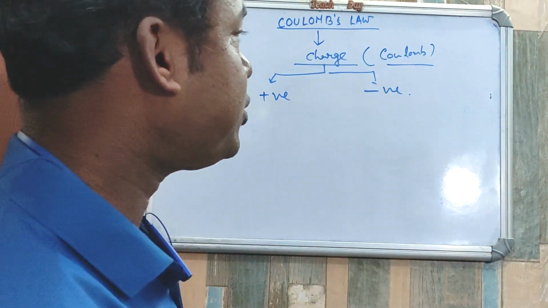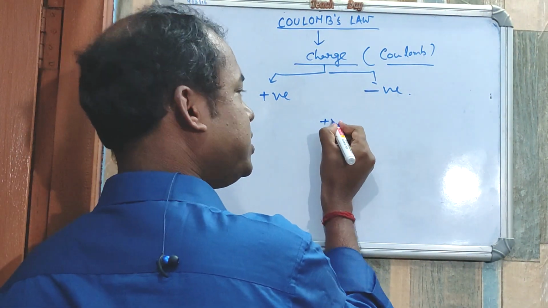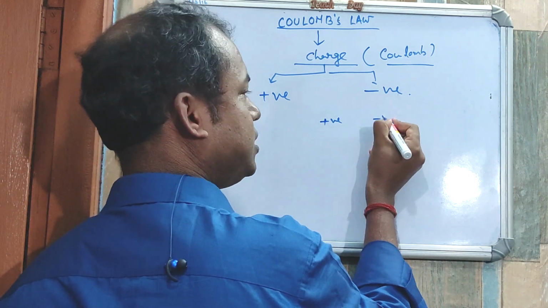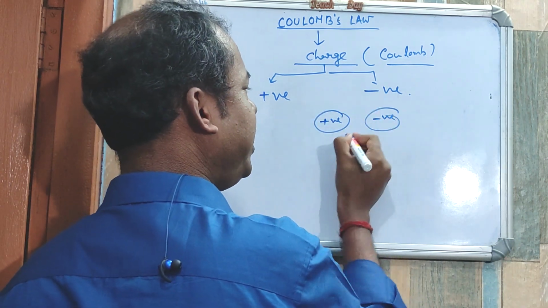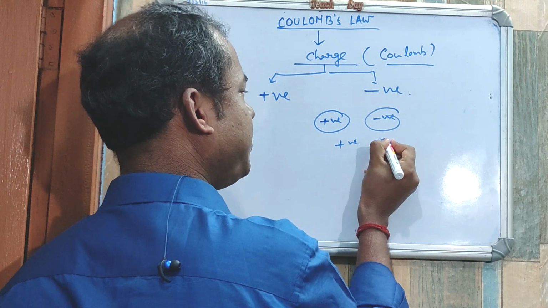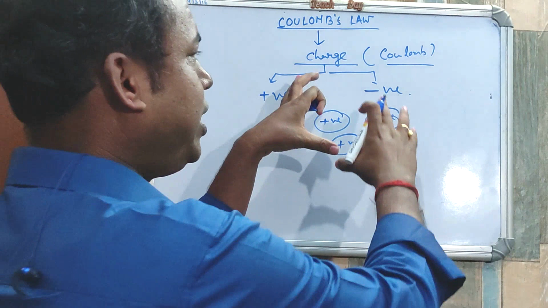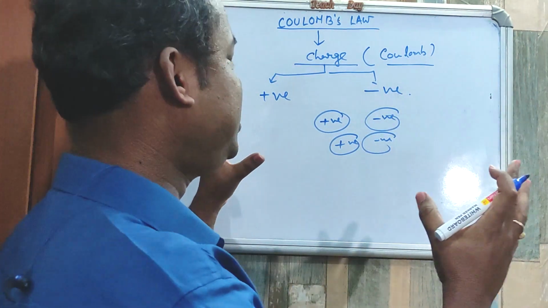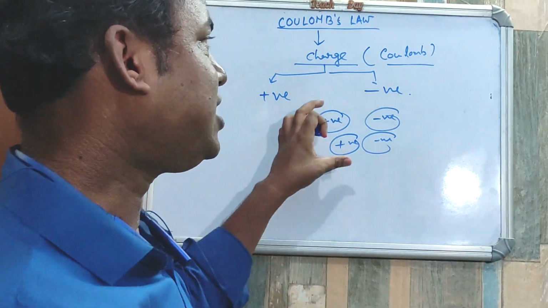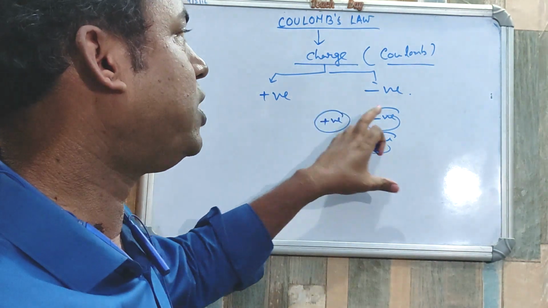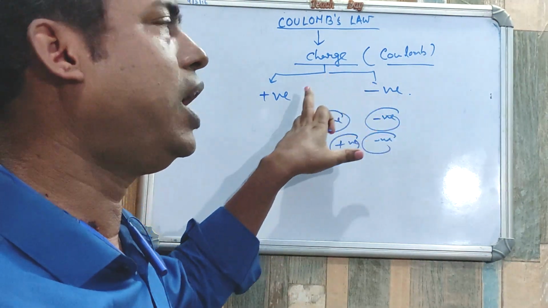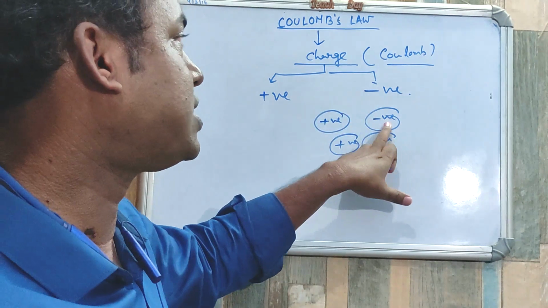Now, what is electrostatics? Consider this one is the positive charge, this one is the negative charge. So a number of positive and negative charges are accumulated over there in a certain region of space. Okay. There is no conducting wire, so it is not possible for the negative charge to move towards the positive charge.